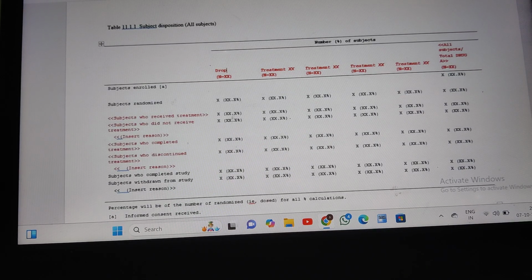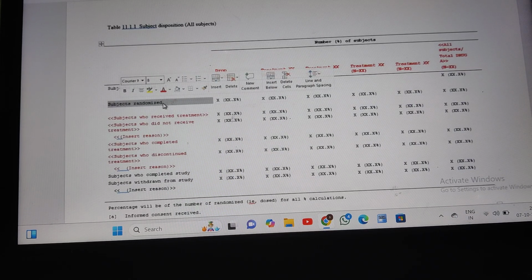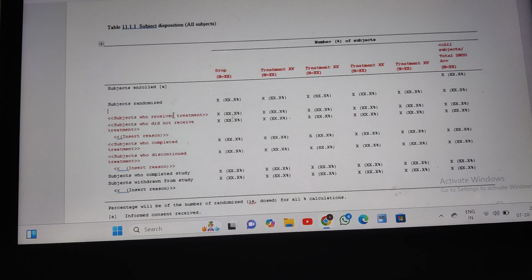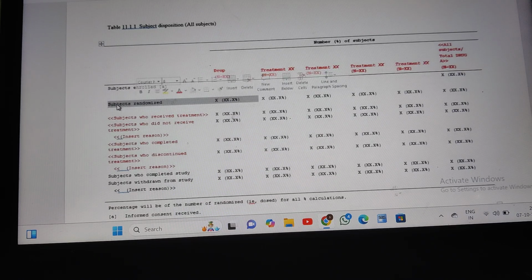For example, in some tables there are categories, and in the categories there might be subcategories. In that case, the percentage for the subcategories is based on the main category. Let's assume this is the main category and these are the subcategories.